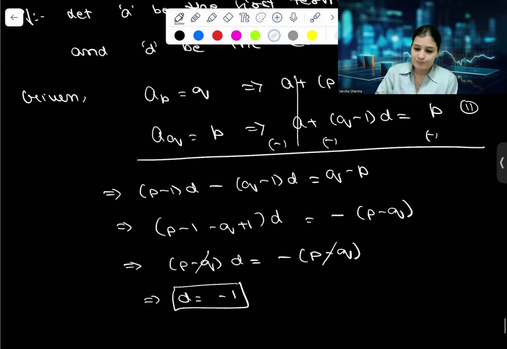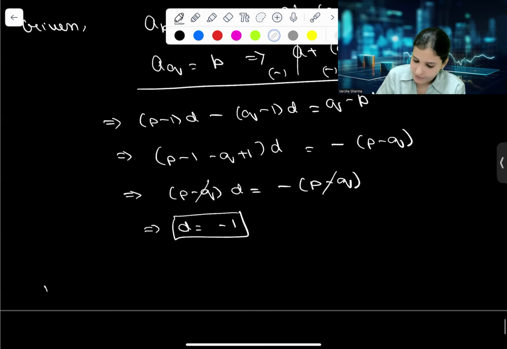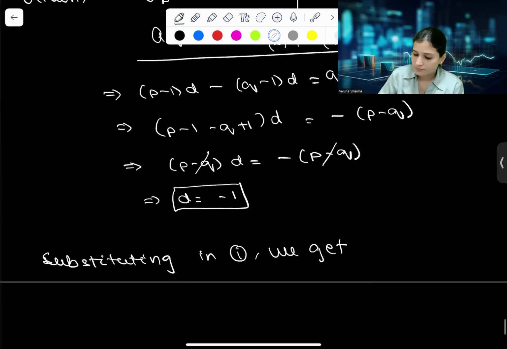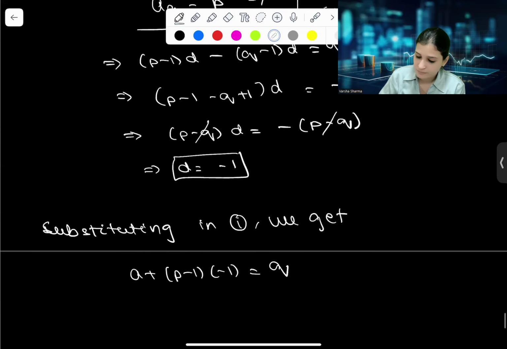Agree? So now substituting in equation 1, we get a + (p - 1)(-1) = q.